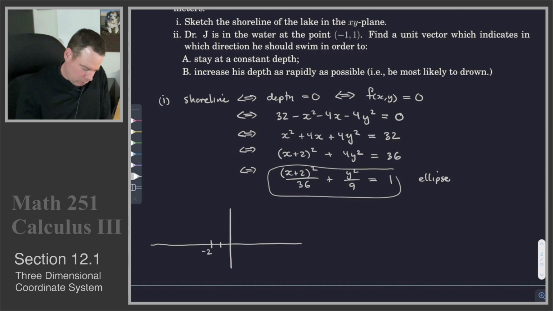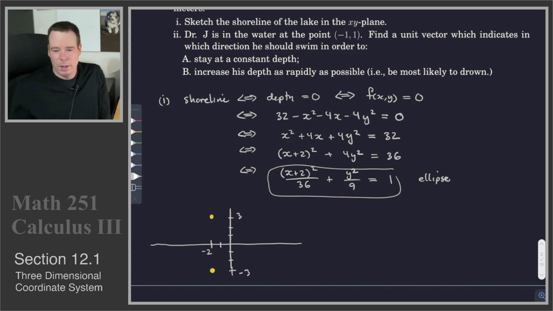Well, what are some of the points on this ellipse? The easiest ones to find are the points where x is -2, sitting above this center point. When x is -2, the equation becomes y squared over 9 equals 1, or y equals plus or minus 3. So we get 1, 2, 3, and 1, 2, -3. So there's a couple of points on the ellipse.